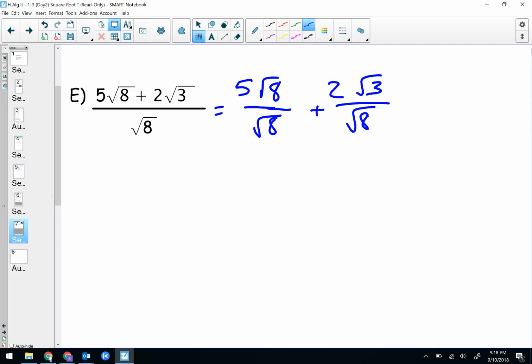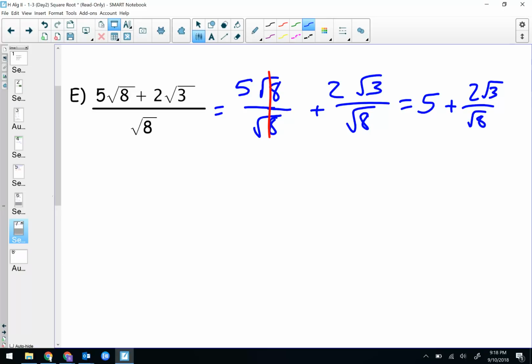Isn't that just a separated version of the original problem? Why did I do that? Look at that. I've got radical 8 over radical 8. So this becomes 5 plus 2 radical 3 over radical 8. Okay, so now my first part is completely simplified.